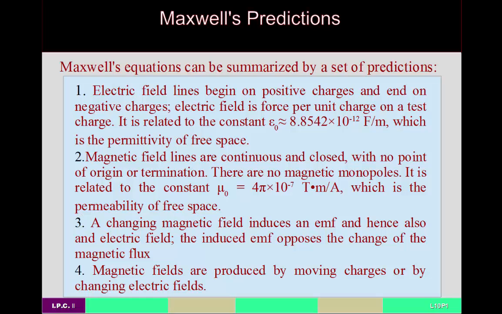The key point and the key prediction is that suddenly you're able to produce electric and magnetic fields without necessarily needing to have charges or moving charges. And the reason why that's so significant is that it now suggests that you can get what's called electromagnetic radiation. So this predicts electromagnetic radiation.